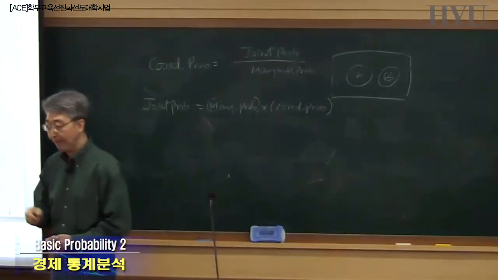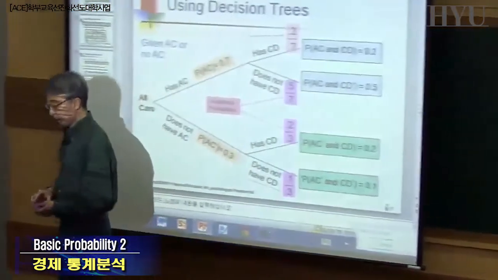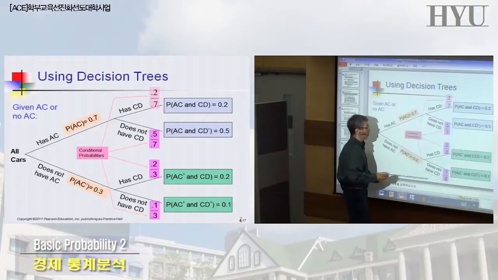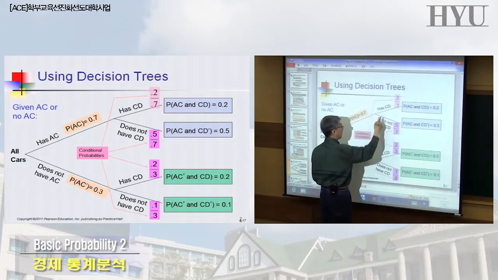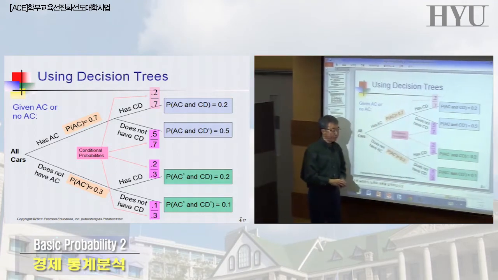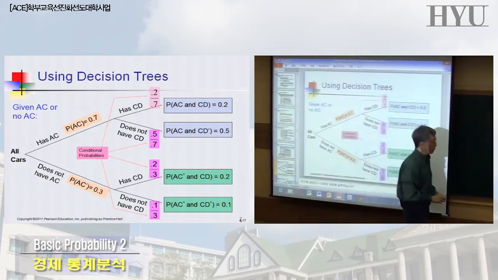So this decision tree diagram illustrates that fact. This joint probability is simply marginal probability times conditional probability. All right? Are we following so far?